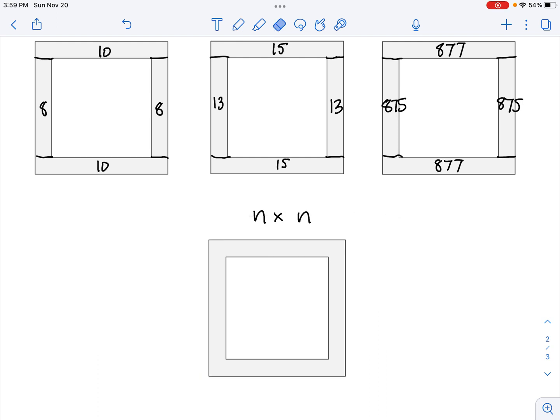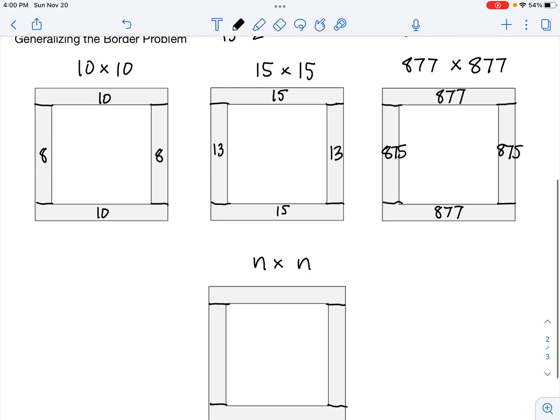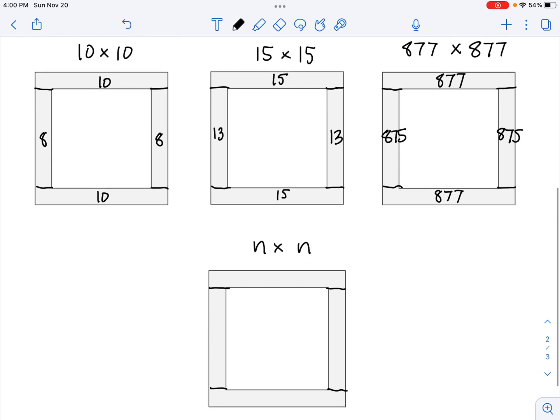So using n by n lets us generalize. We'd have the same sort of pattern going on. And if this is an n by n, pretend n is 10. Well, we had 10 on the top and bottom. When n is 15, it'd be 15 and 15, and so on. So we can tell right away that we'd have n on the top and n on the bottom.